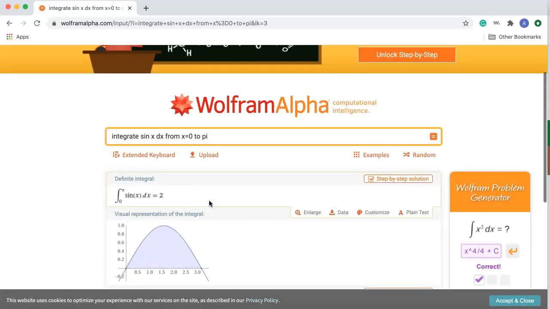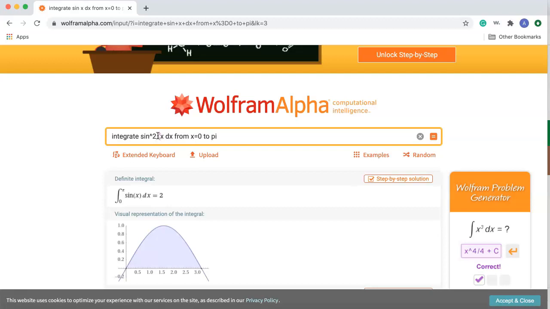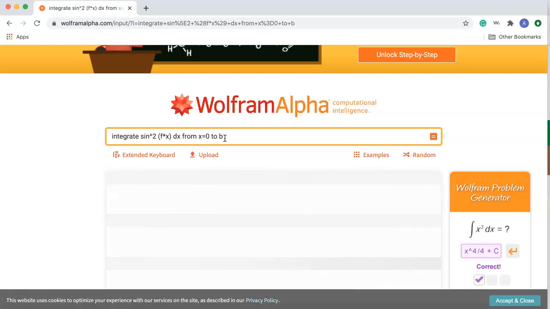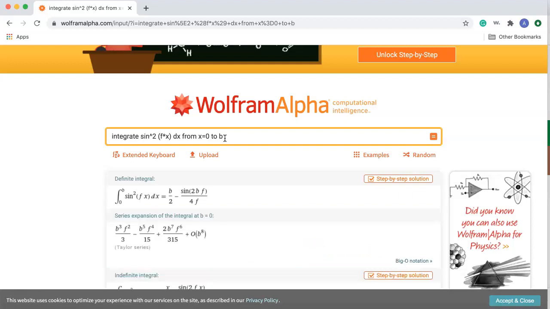The answer is 2. If you want to do sine squared of, say, f times x from 0 to b, some other number, again, it's going to calculate that integral, and it gives you an answer as a function of f and b, for example.